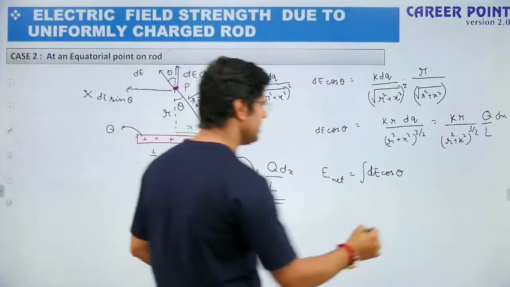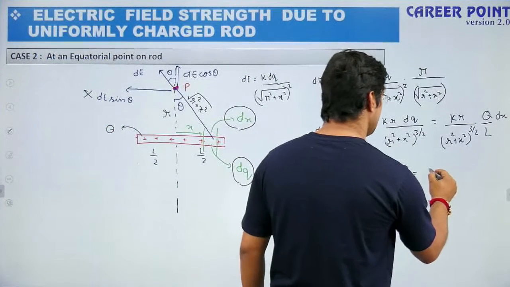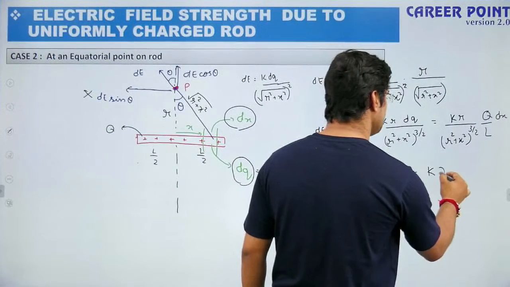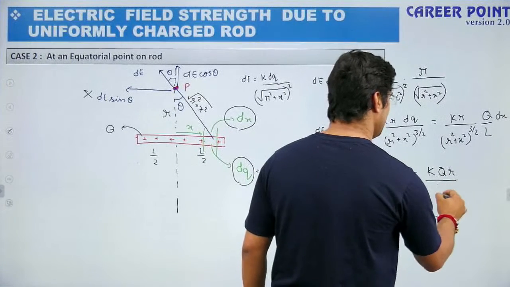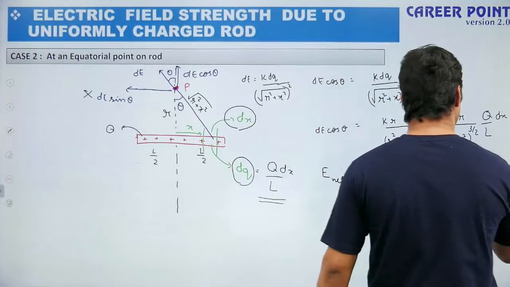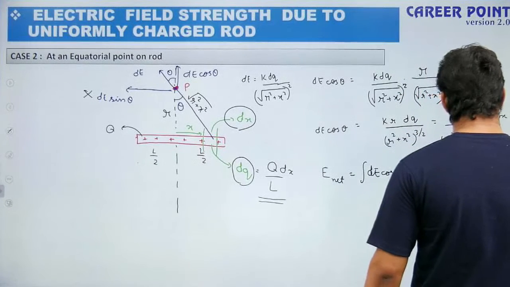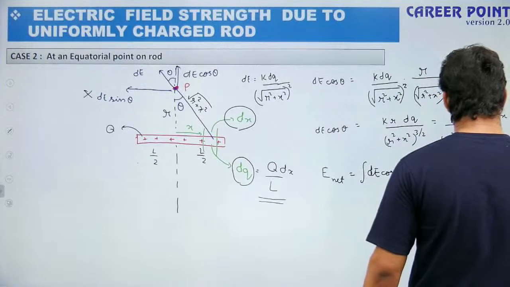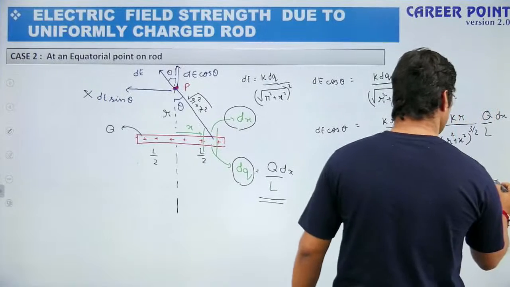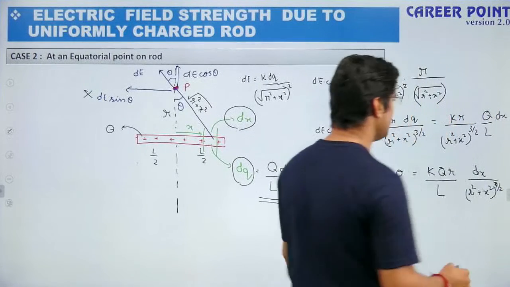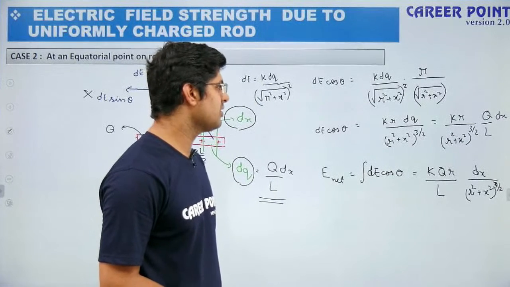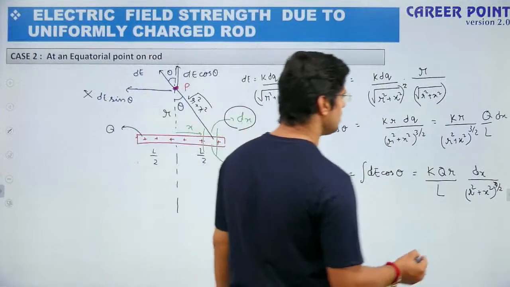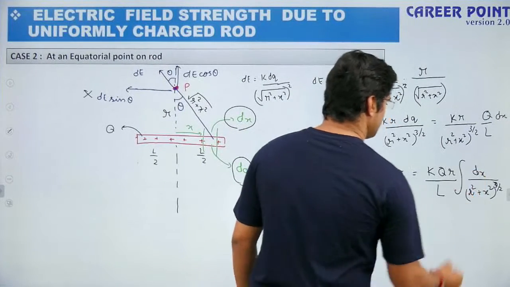That's what I am writing here: k Q r divided by L, dx upon (r square plus x square) raised to power 3 by 2, integrated.